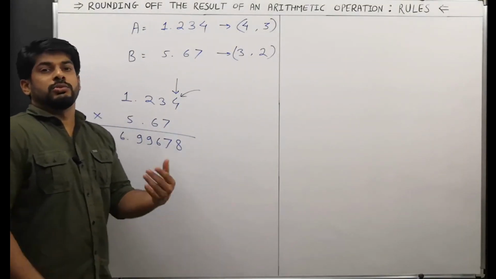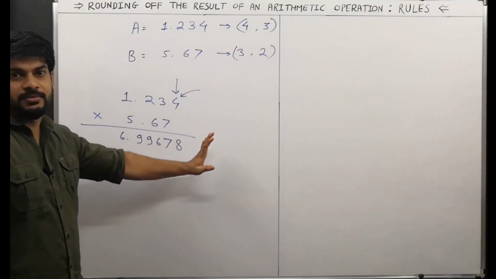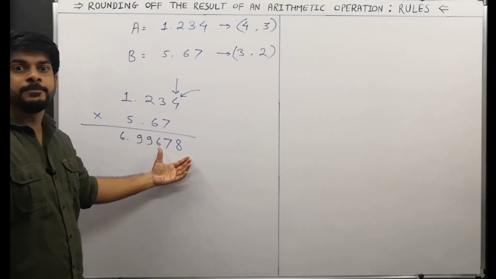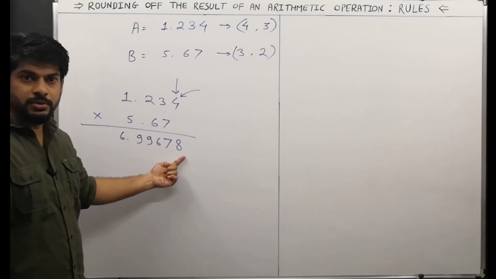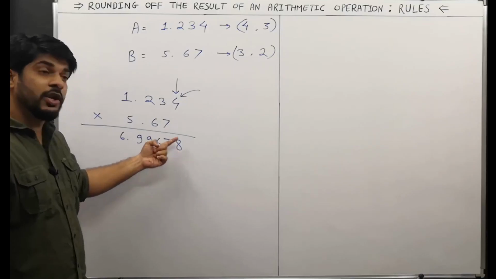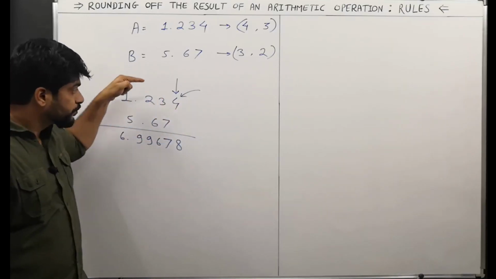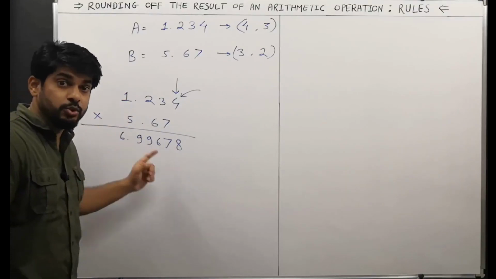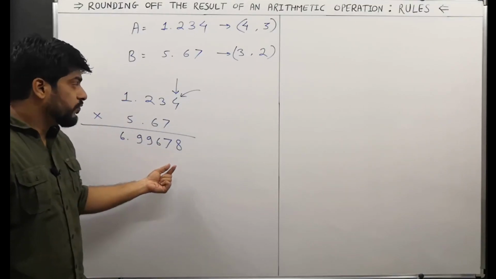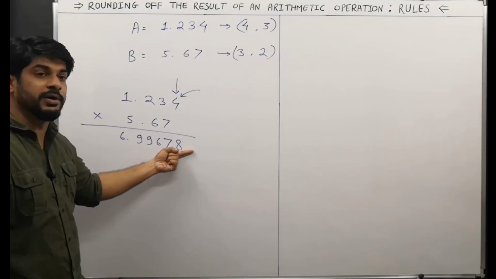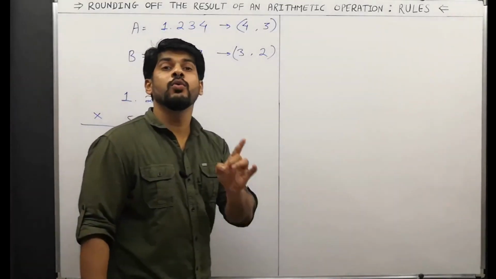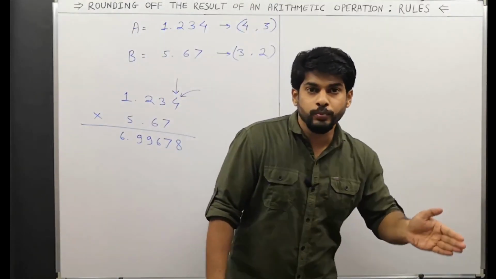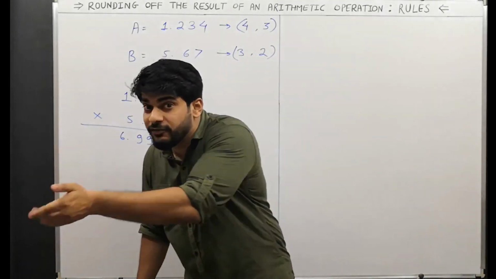So this suggests that there is something wrong over here. Our answer cannot be more precise than the actual values on which the operation is done. So we need to do something over here. We have to round off this answer to the proper number of significant figures.